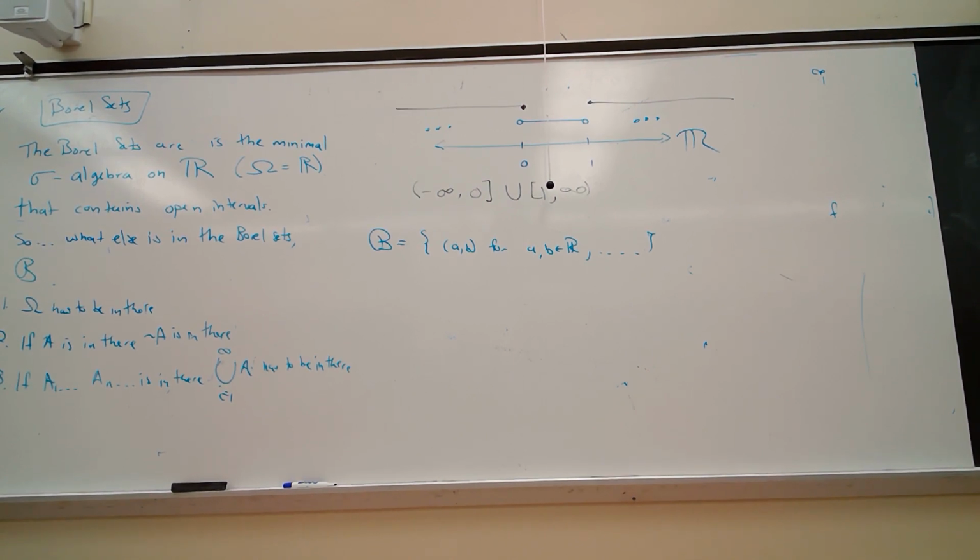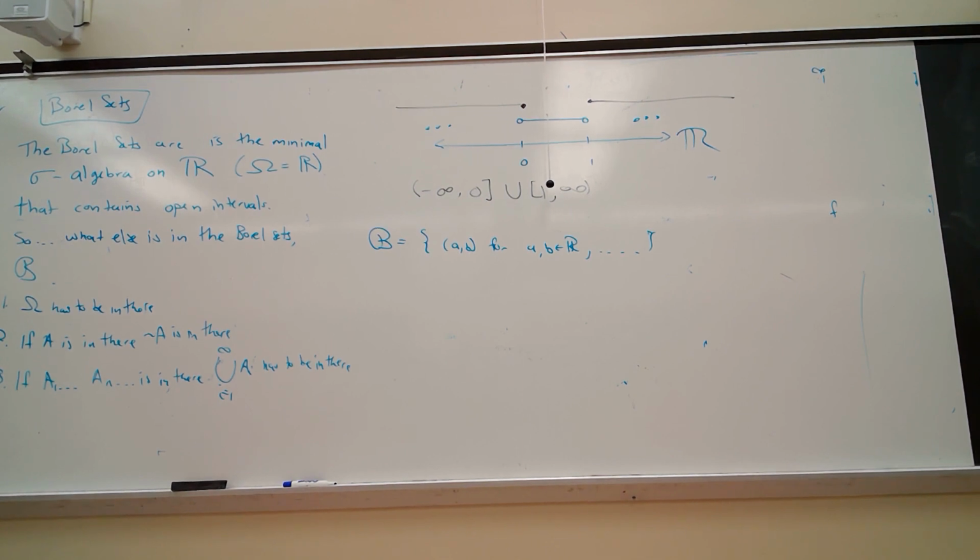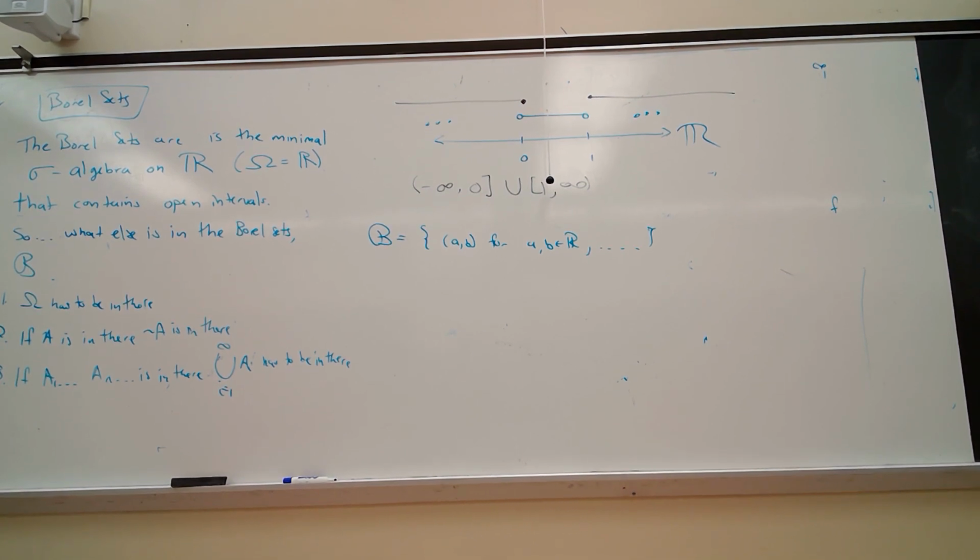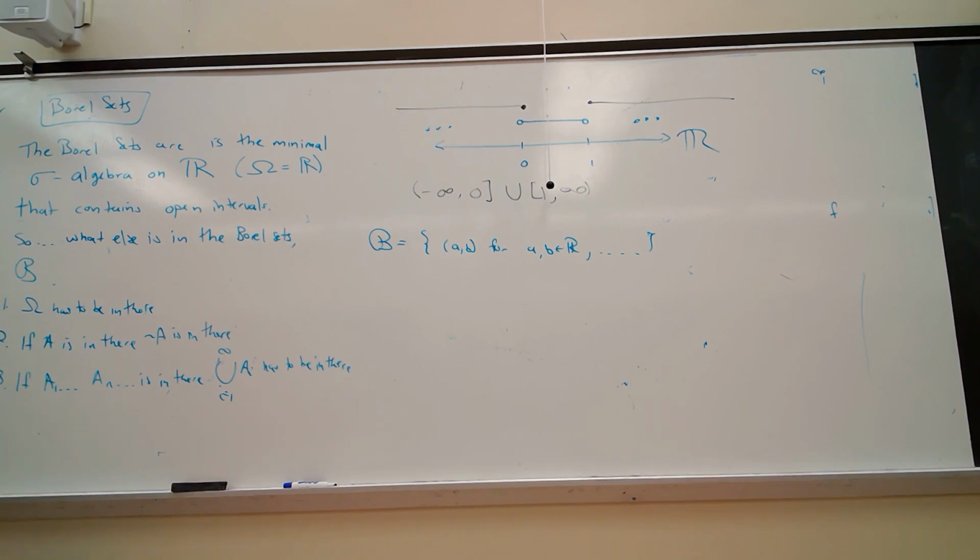Go ahead. Ma'am, if an open set is in B and the complement of that open set has to be in B, with basic algebra, doesn't that also prove that all reals are in B? Well, that's my question for you. That property tells you that R has to be in there, right?